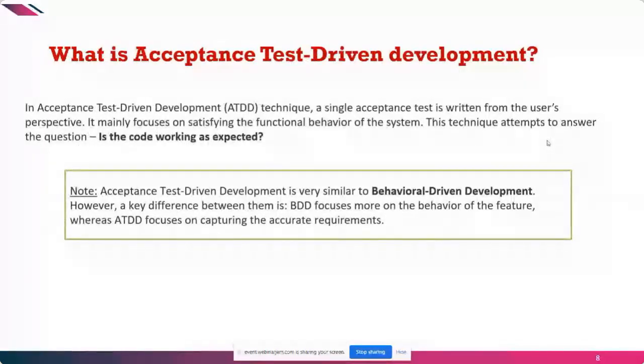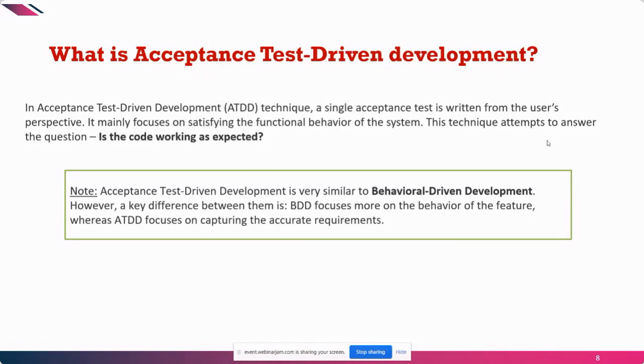Now, we have another approach which is called acceptance test-driven development. If you ask me the difference between TDD, BDD, and ATD, TDD is used more towards the unit test level, right? Whereas BDD is used more towards the system test level.